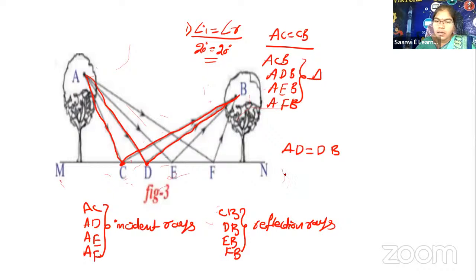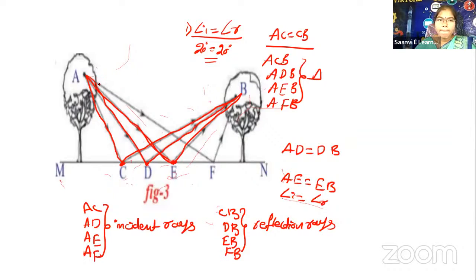AE equal to EB. Here near E, AE equal to EB. So this is angle I equal to angle R.